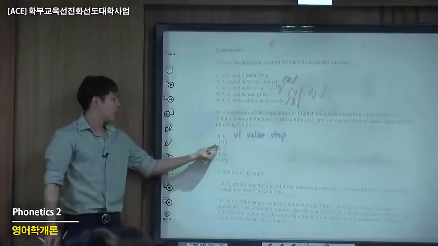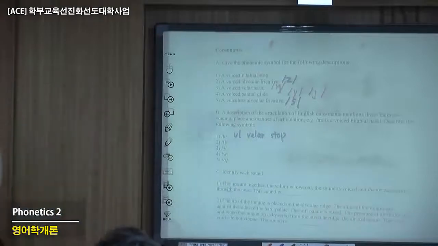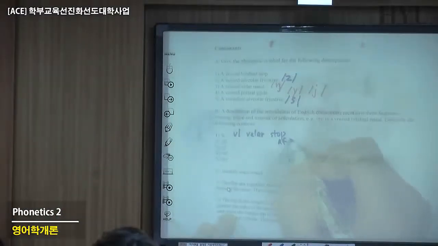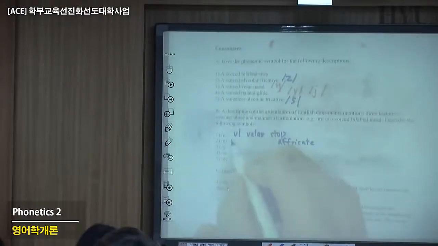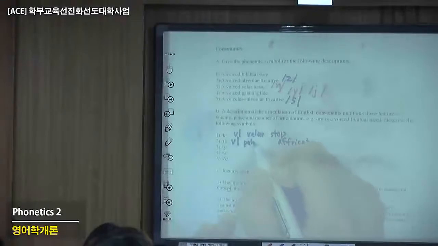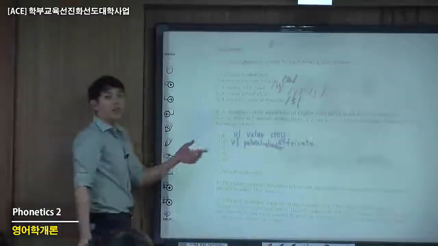T-hook. So you can see it's a combination of a stop and a fricative. So it's an affricate, and it is voiceless. It's made in the palatal alveolar area. Okay? Voiceless palatal alveolar affricate.